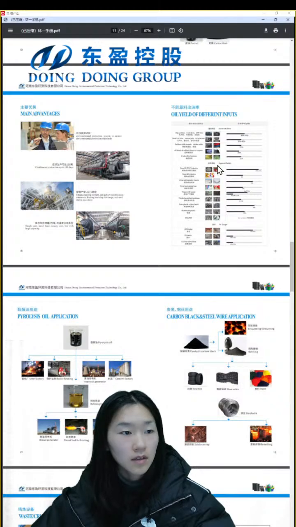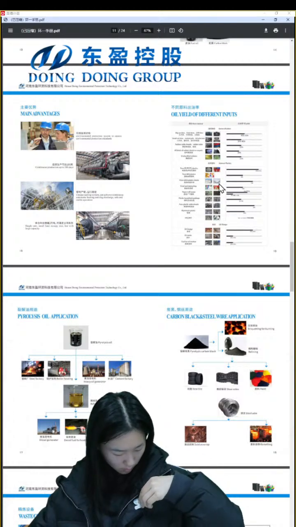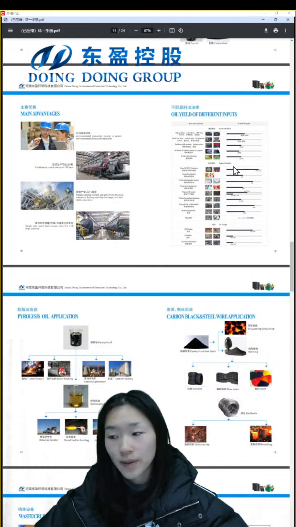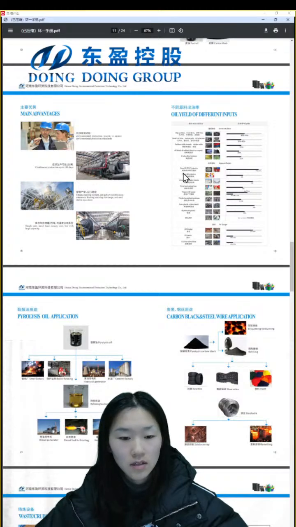And then there are many customers concerned about the oil yield of general plastic. For soft plastic, the oil yield is about 33%.